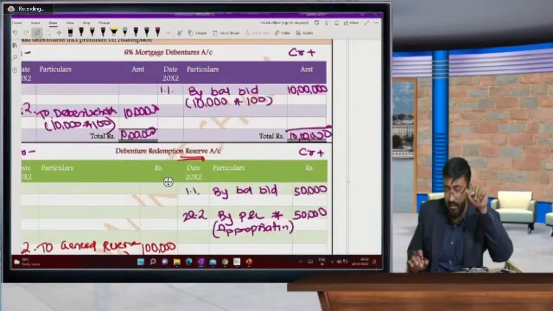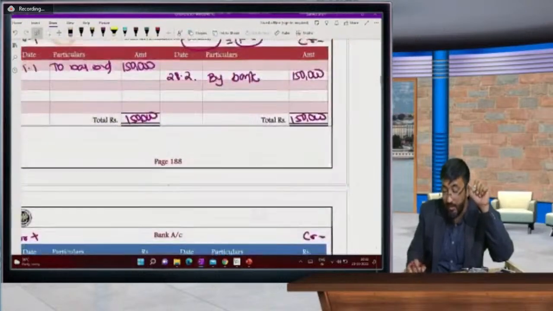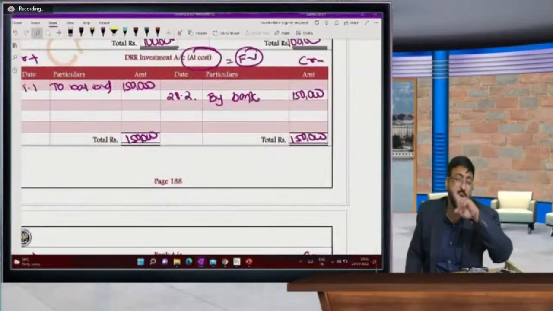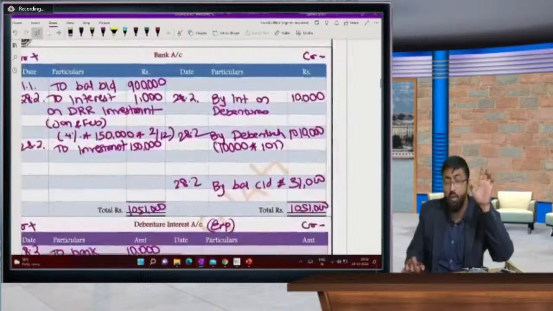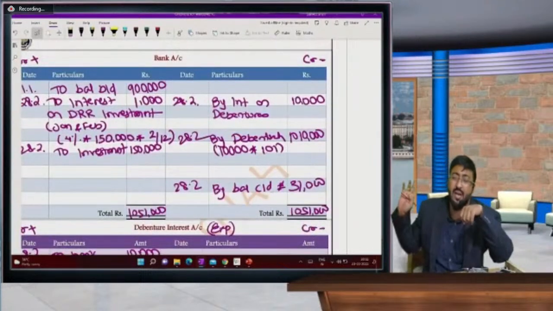Very simple. DRR investment. DRR investment is an asset. So debit plus, credit minus, debit plus, to balance brought down, and I'm going to sell it. So by bank 1,50,000. Very simple. Very important account, bank account. Remember, bank account I started with debit plus, to balance brought down. Then below that you can get the interest.